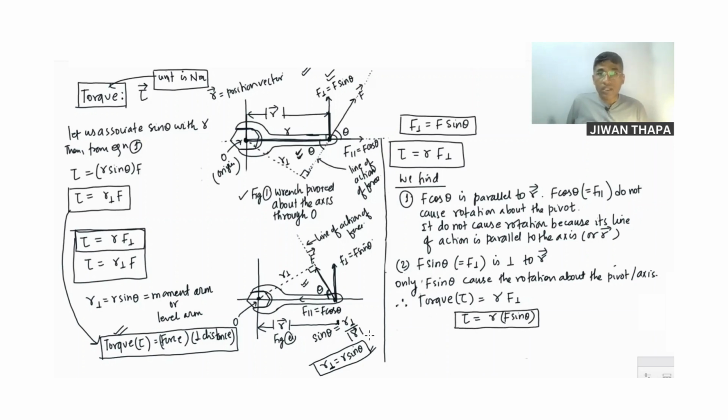Now in this expression, r represents the shortest distance between the axis of rotation and the point of application of the force.